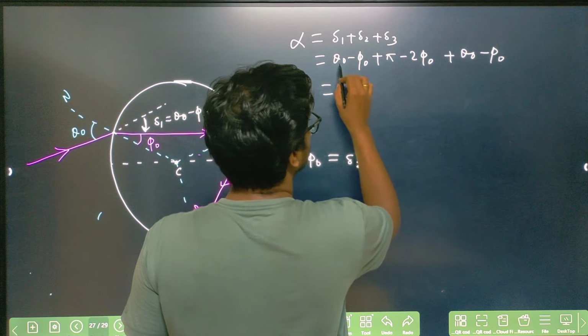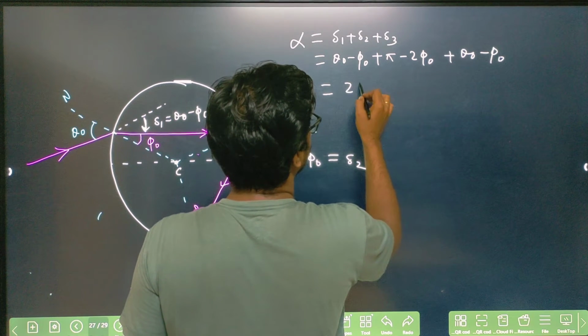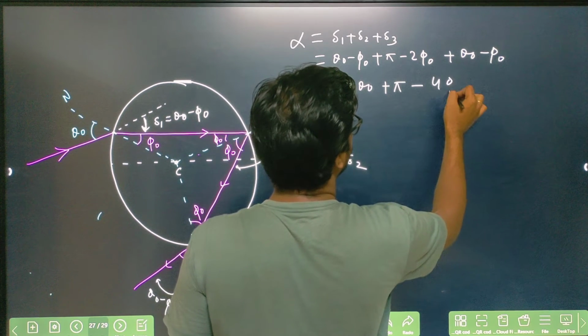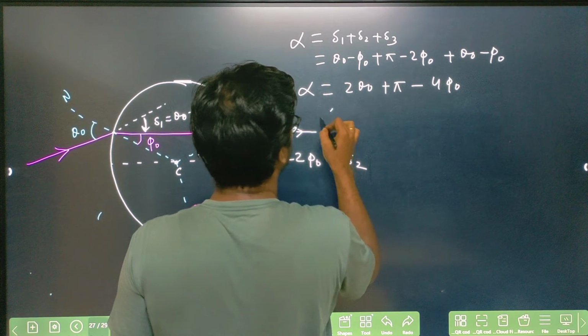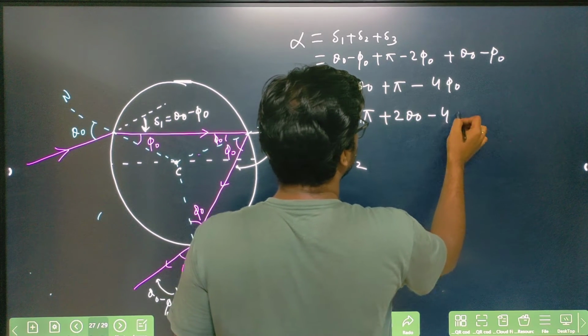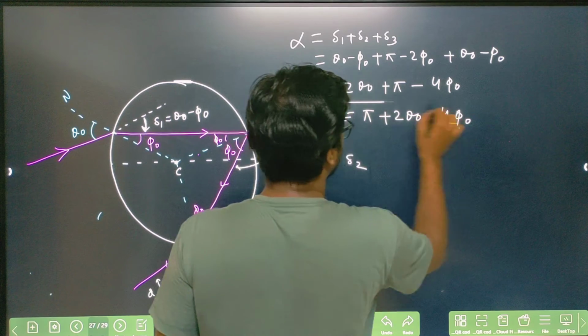So this will be 2 theta naught, plus pi minus 4 phi naught. This relation we got: alpha equals pi plus 2 theta naught minus 4 phi naught. This much I will get.